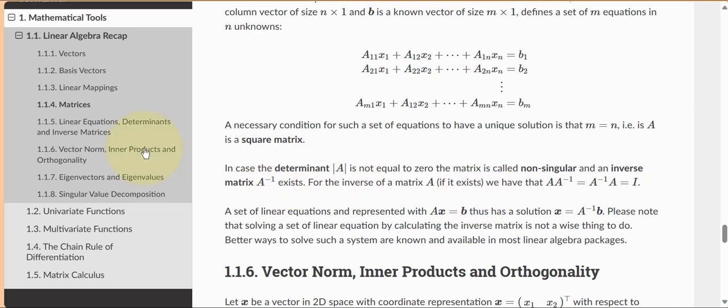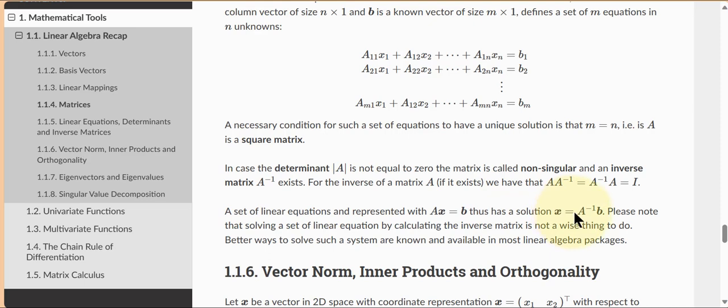Okay, anyway, so going back, this is what we mean by the inverse, that when you multiply it times A, you get I. Okay, so here he says, this is a little bit off also. Maybe this is because English is not this person's native language. I think that's a Dutch person. Anyway, they say a set of linear equations represented by Ax equals b thus has a solution.